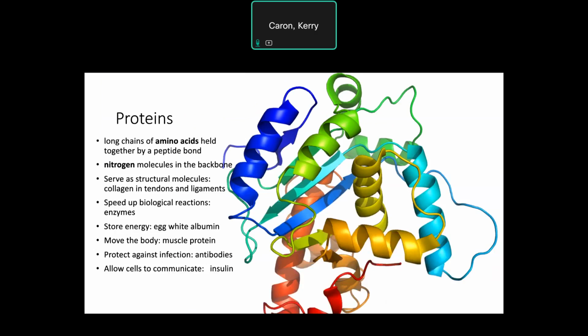They also speed up biological reactions in enzymes. They can store energy. They move the body in the form of muscle protein. Antibodies are proteins, and they protect against infection. And lastly, they allow the cells to communicate. Insulin is a protein with a nitrogen backbone.